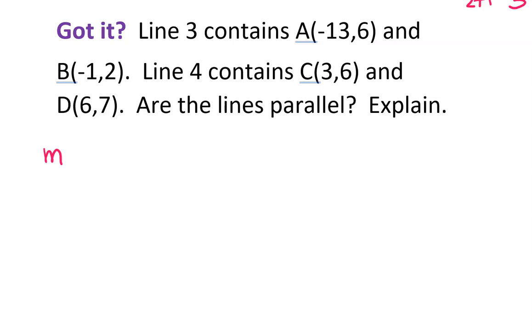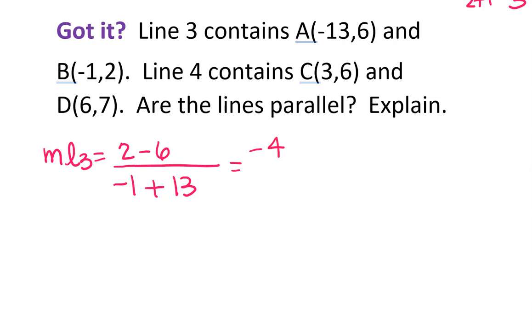So the slope of line 3, they're giving us ordered pairs this time. So I'm going to do b minus a. So 2 minus 6, the y2 minus y1, and then x2 minus x1 turns that positive, and I get -1/3.